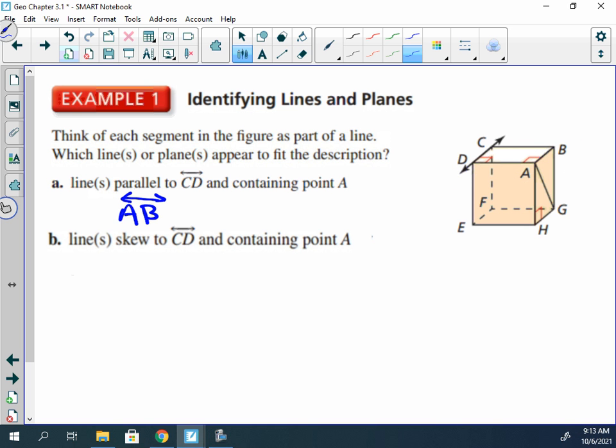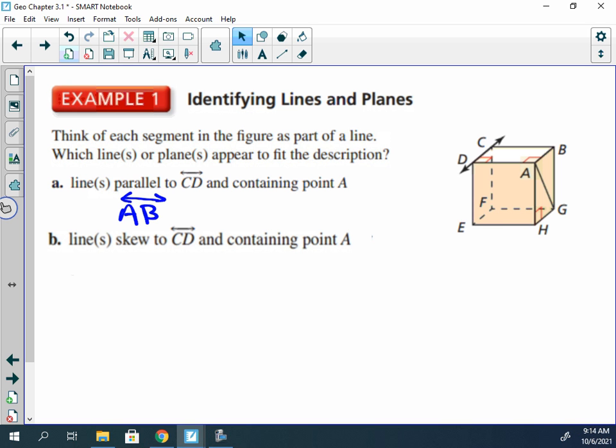Would line EF be parallel to line CD? As long as those are right angles and this is a cube, we could say yes, they are parallel. Would we include it for part A? Does it satisfy the question?